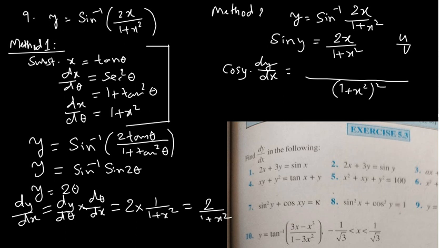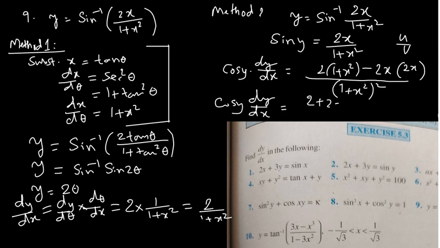Then differentiation of the u, you get 2 into 1 plus x square minus 2x, differentiation of denominator, you get 2x. So you get cos y dy by dx equal to 2 plus 2x square minus 4x square divided by 1 plus x square whole square. Any questions?